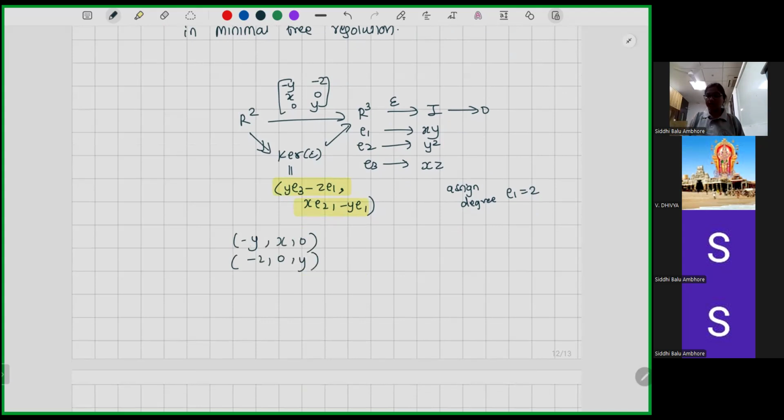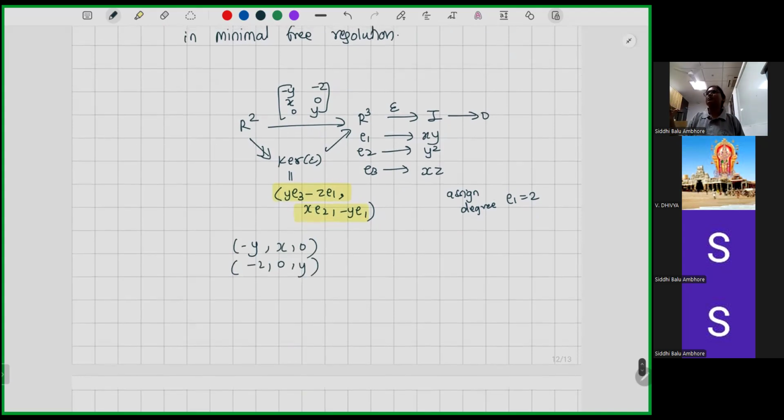Can I have an R linear combination of these two elements, some alpha plus beta of these two, such that I get 0, 0, 0? Can we have this?